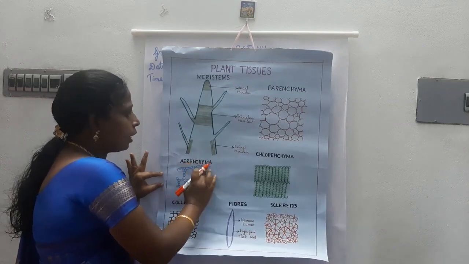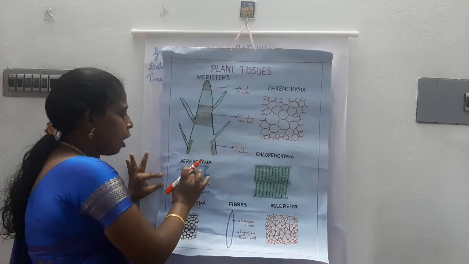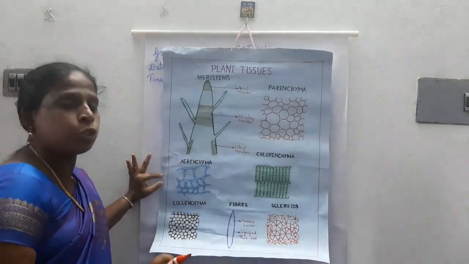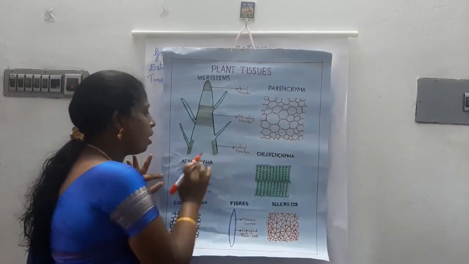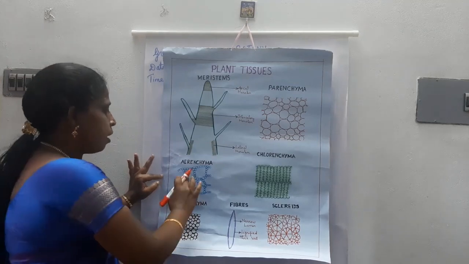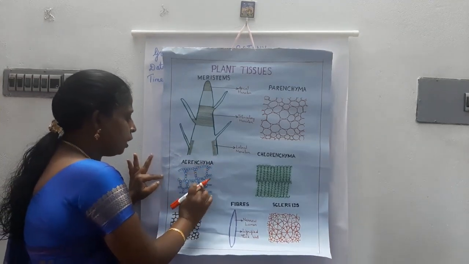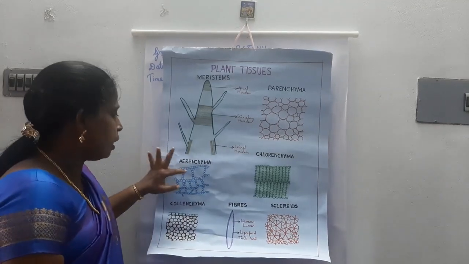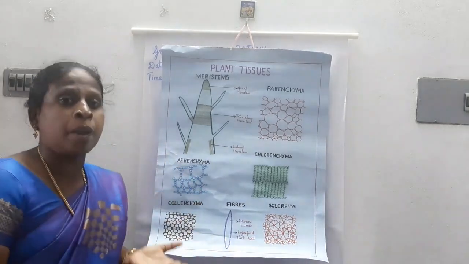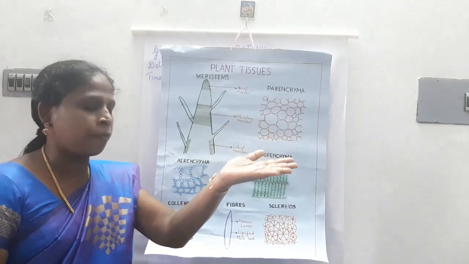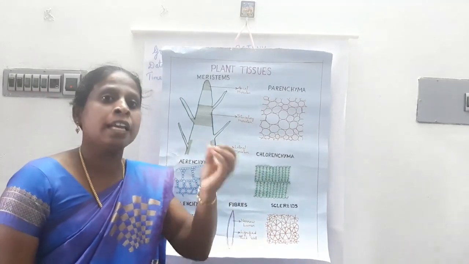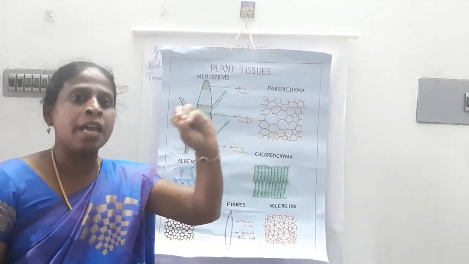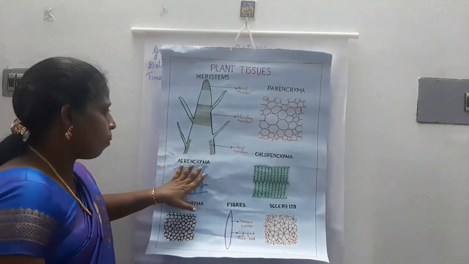So it is called aerenchyma. It consists of large intercellular spaces between the cells. This intercellular space helps the plant to be buoyant on the surface of the water. What is the meaning of buoyant? It helps to float the plant on the surface of the water.